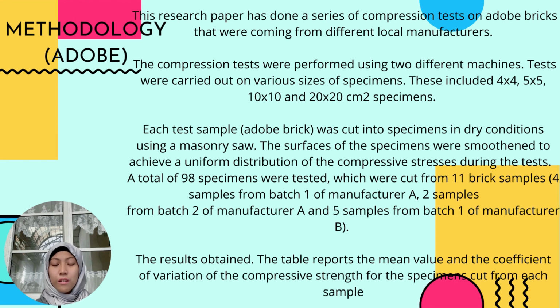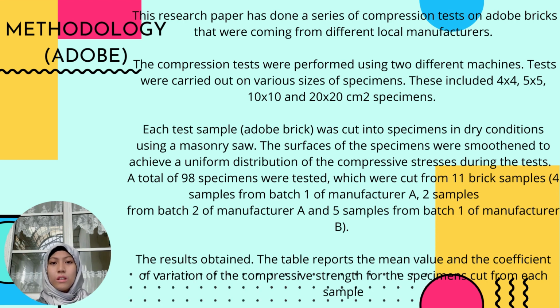This included 4x4, 5x5, 10x10 and 20x20 cm square specimens. Each test sample, adobe brick, was cut into specimens in dry condition using a masonry saw. The surface of the specimen was smoothened to achieve a uniform distribution of the compressive stress during the test.